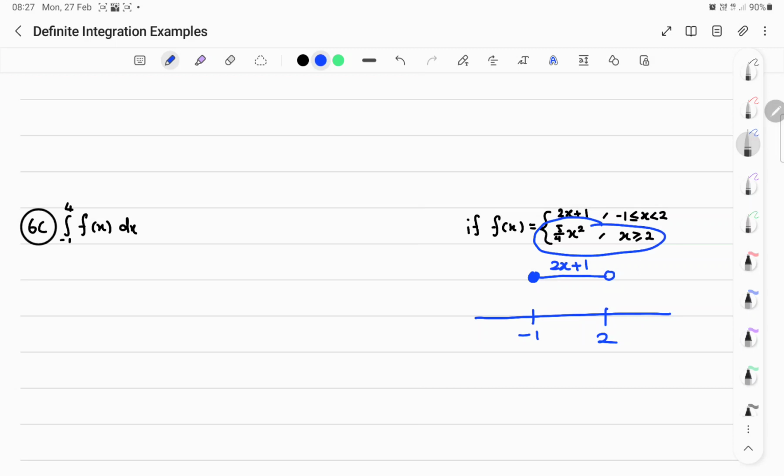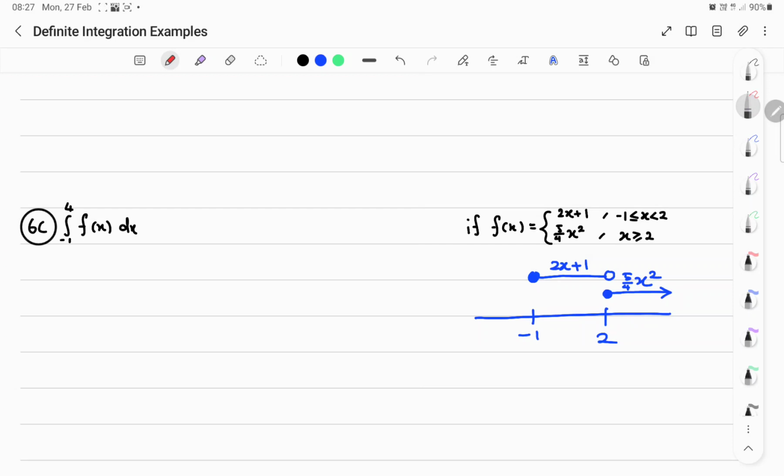So 5 over 4x squared lies from x greater or equal to, meaning it's equal to and more than that. So it's a circle and an arrow to the right like this. So this is for 5 over 4 x squared.